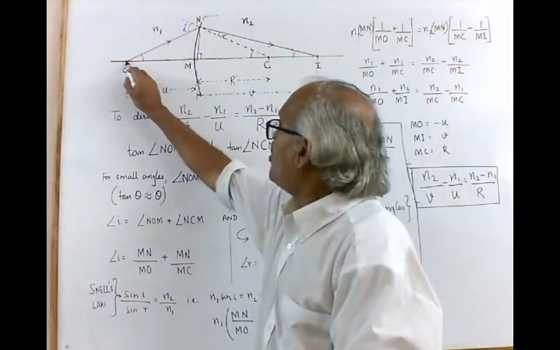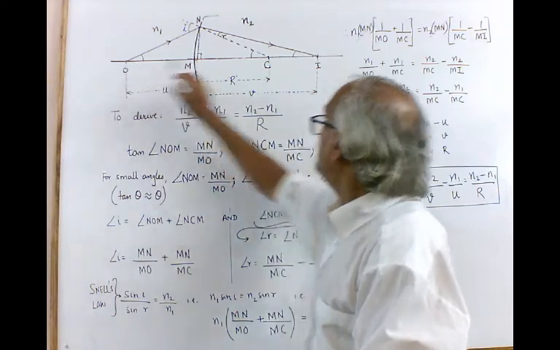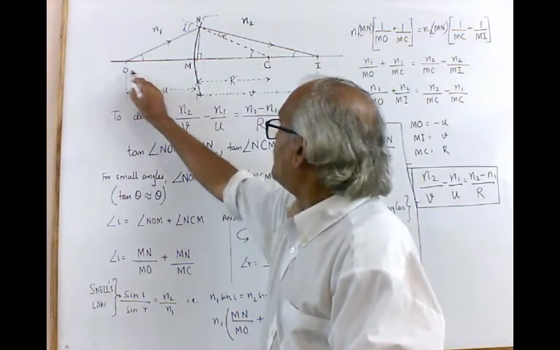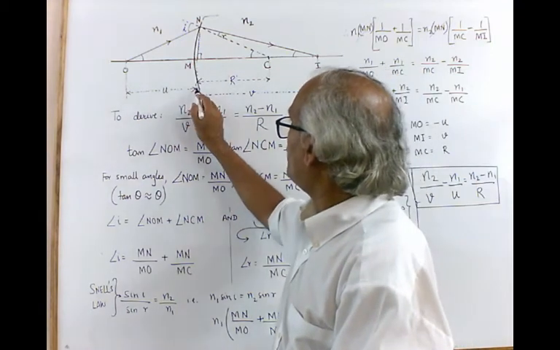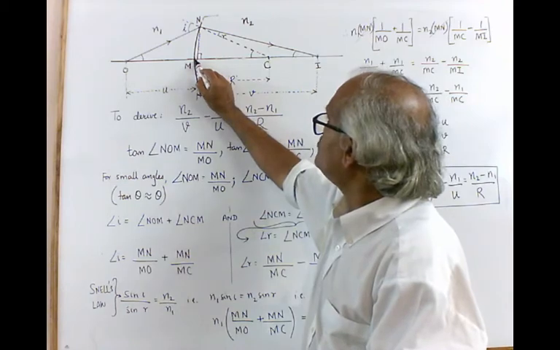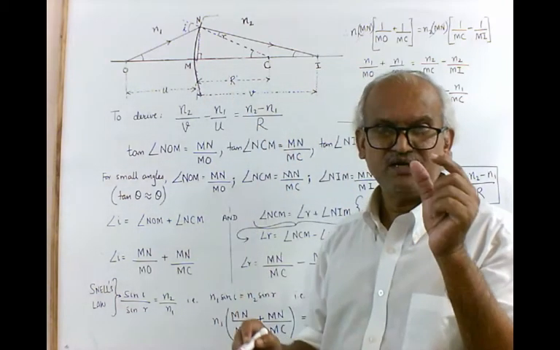So, object is placed at O, image is formed at I, and object distance will be from this point M to O. We are now assuming that this is a negligible distance.